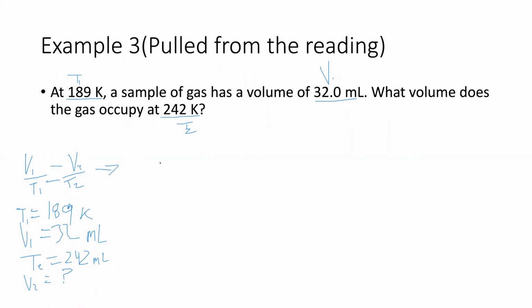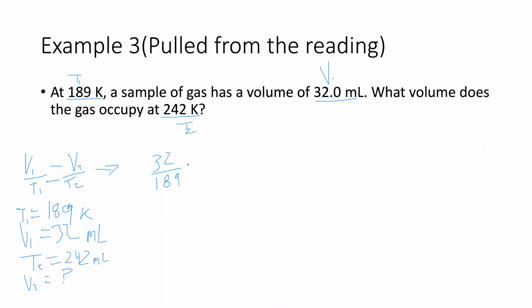So now we're going to have V1, which is 32, divided by 189.